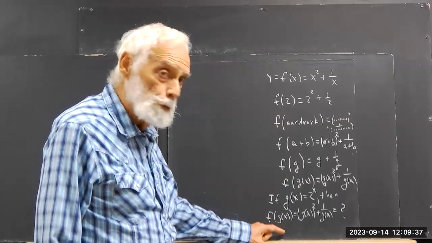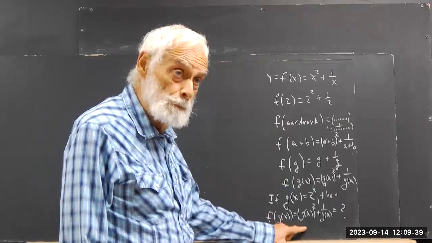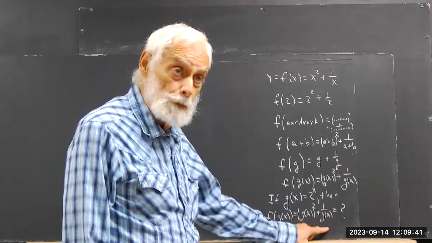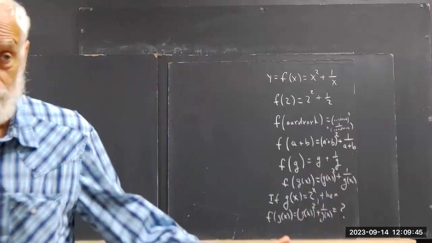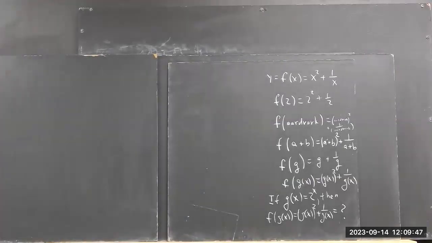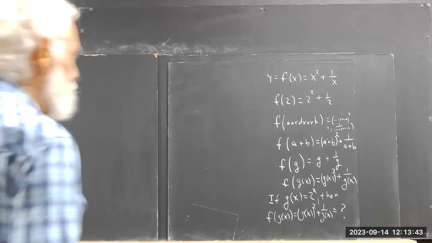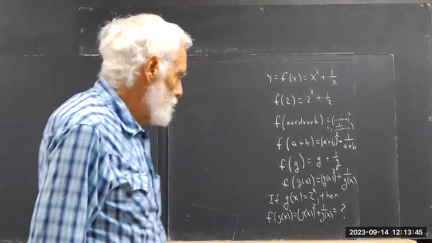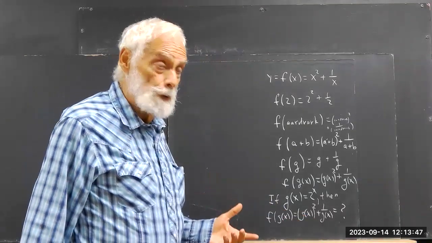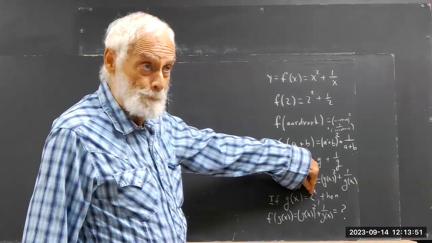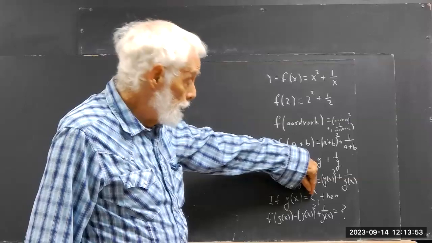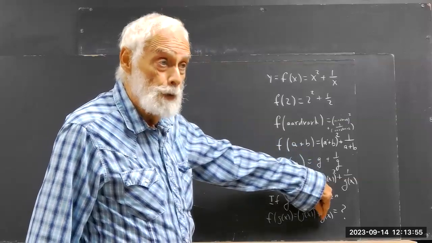F of G of X certainly equals G of X squared plus 1 over G of X, right? What's that equal, if G of X equals 2 to the X? Okay, now at this stage, what you do is really quite simple. G of X equals 2 to the X, right? So any place you see G of X, you can write 2 to the X.